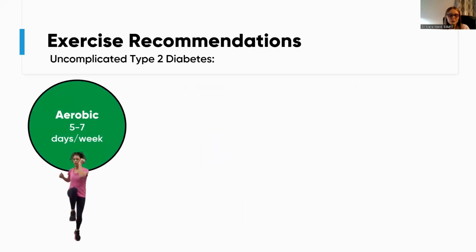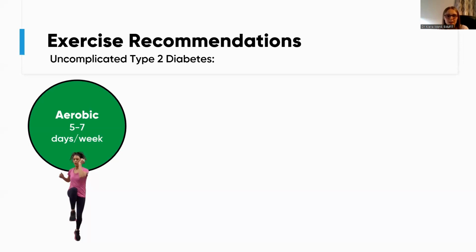So now for some specific exercise recommendations for uncomplicated type 2 diabetes. So this means type 2 diabetes without enhanced risk from other things like retinopathy and things that I will talk about in a few slides on. But aerobic exercise daily if possible. So daily, moderate intensity aerobic exercise.